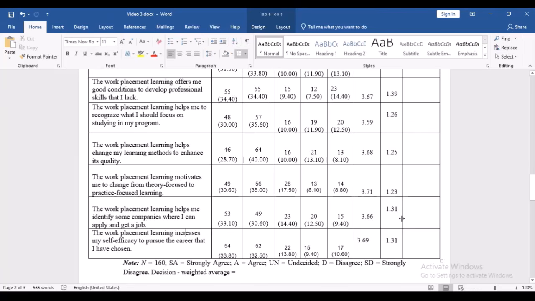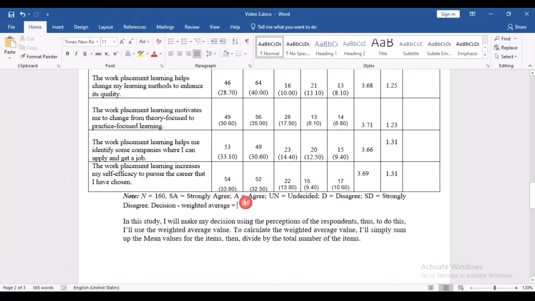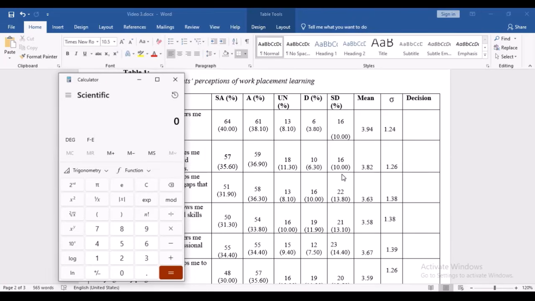When I do this, I'll be able to get the weighted average and report the accurate weighted average here. Then I will use the weighted average value to make my decision. So let me pull out the calculator in my system, and let us head over to Punch to calculate this and get the weighted average.